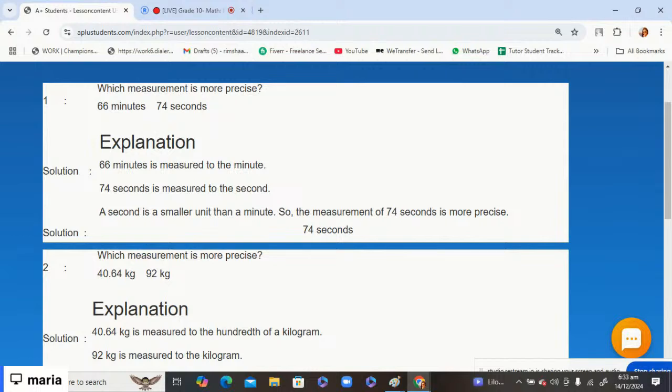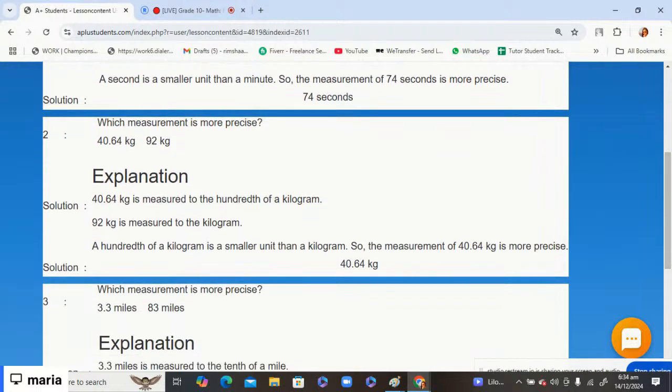The smaller unit is more precise than the bigger one. So this is the more precise measurement, okay?